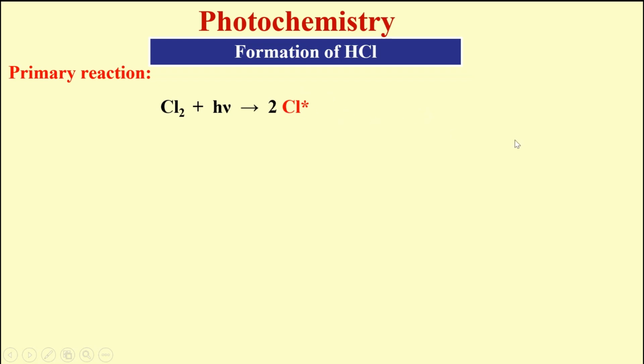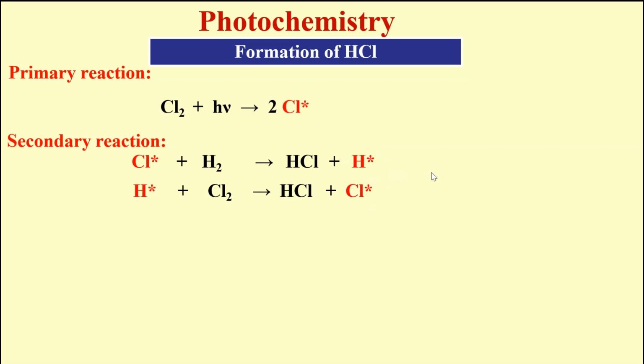The chlorine radical which is formed combines with hydrogen, a molecule formed by two atoms of hydrogen. The homolytic cleavage occurs in the hydrogen. The hydrogen along with its electron combines with the chlorine electron to give rise to HCl and a hydrogen free radical. The hydrogen free radical again reacts with chlorine to give rise to HCl and a chlorine radical.